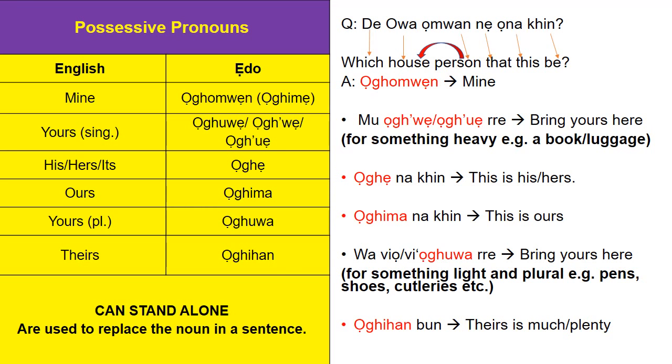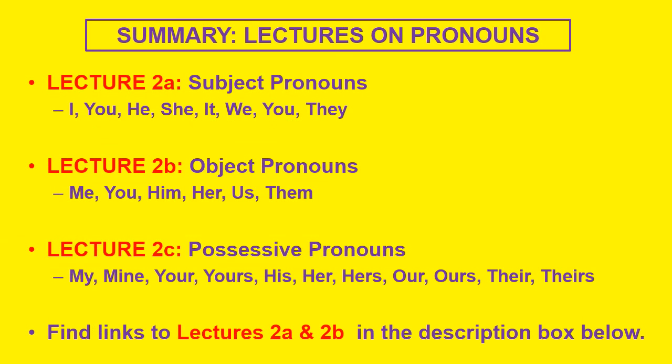Now we'll move on to the final slide. This final slide is basically a summary of this chapter, which has been about the pronouns. In lecture 2A, we talked about the subject pronouns. So you learned how to say I, you, he, she, it, we, and so on in the Edo language.